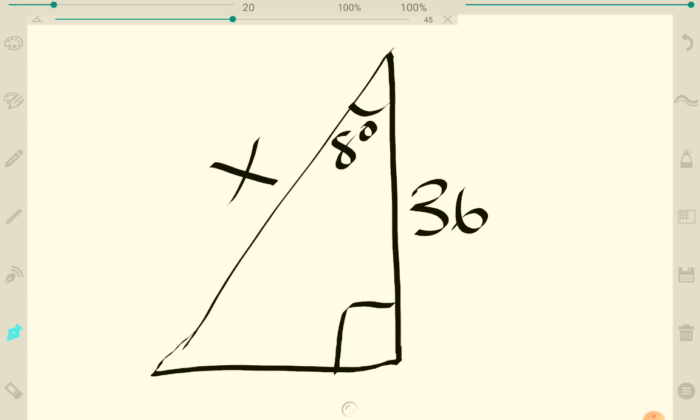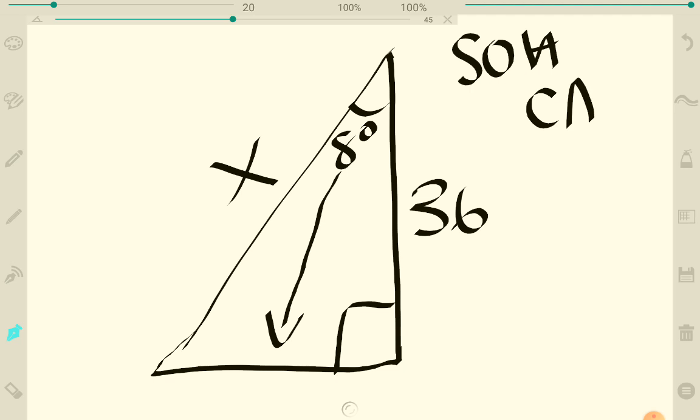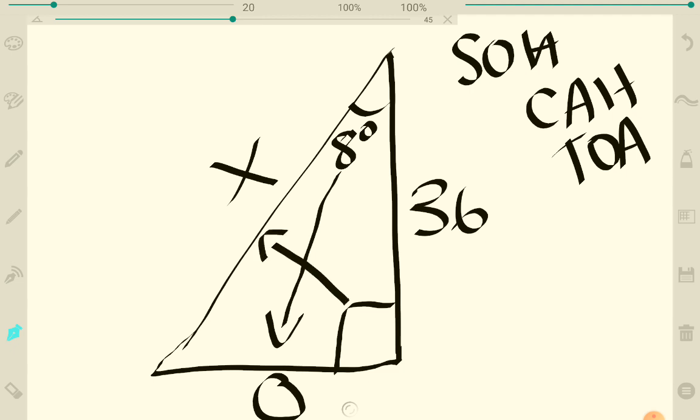I'm not going to write down SOHCAHTOA anymore because I have it memorized for now, so we can start off with the angles. The side opposite from our angle is opposite, the side opposite from the 90 degrees is hypotenuse, and the side adjacent to this is going to be adjacent.